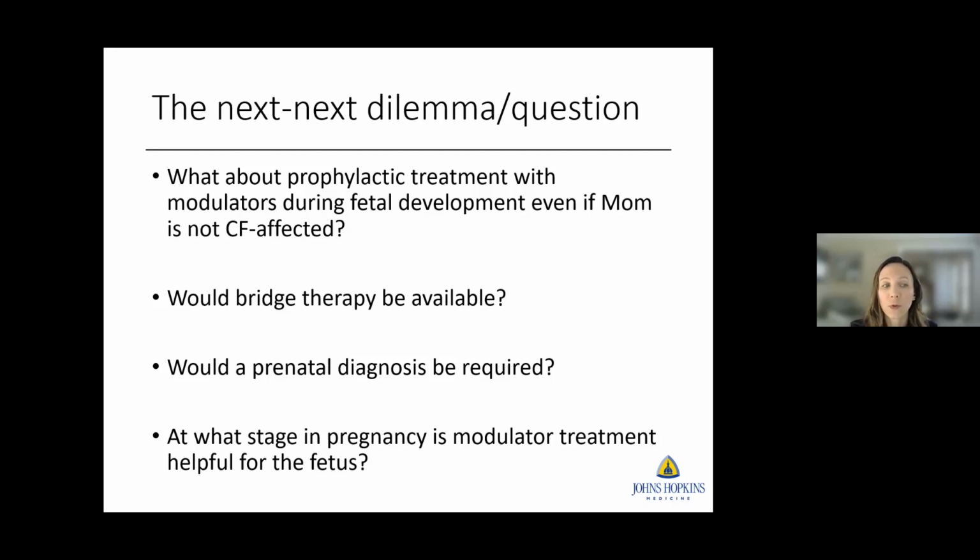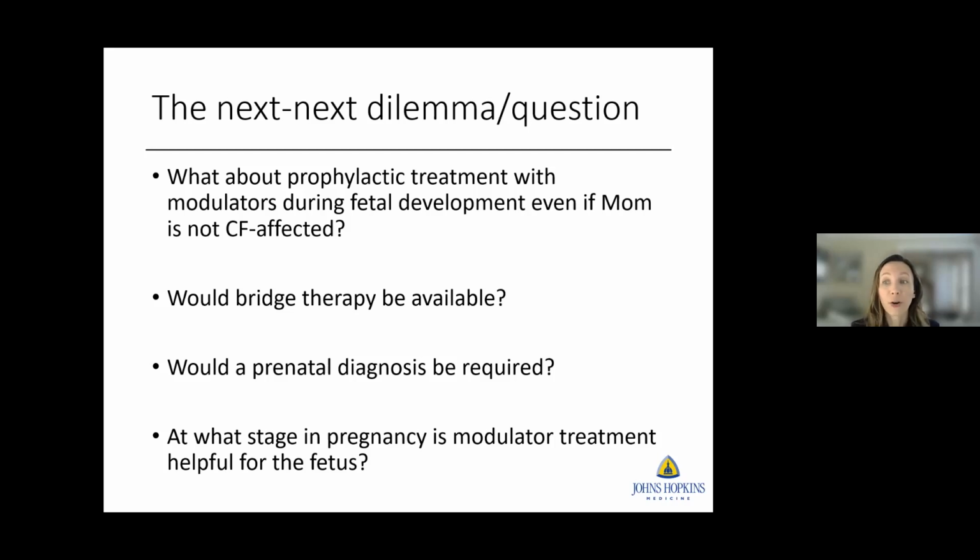We also have evidence from animal models that you can prevent onset of lung disease and meconium ileus by in utero treatment. But is it okay to do if the mom is not affected? The reason that this baby got treated in utero is that her mother had CF and so was on drugs for her own health.